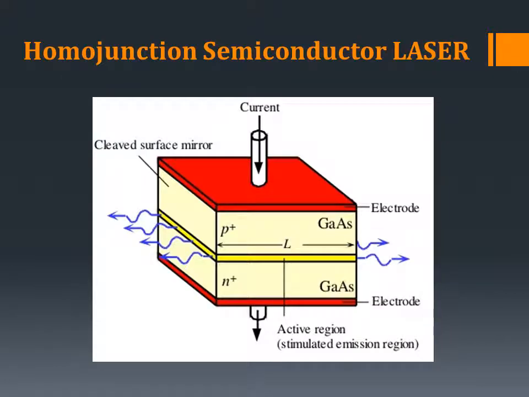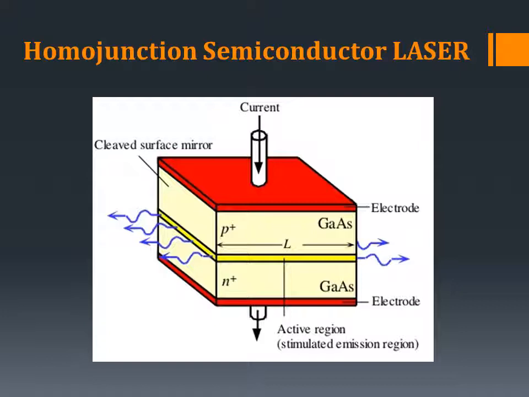The schematic of a homojunction semiconductor laser is shown here. The active medium is a PN junction diode made from a single crystalline material which is gallium arsenide. In this, the P region is doped with germanium and the N region is doped with tellurium. The thickness of the p-n junction layer is very narrow so that the emitted laser radiation has a large divergence.